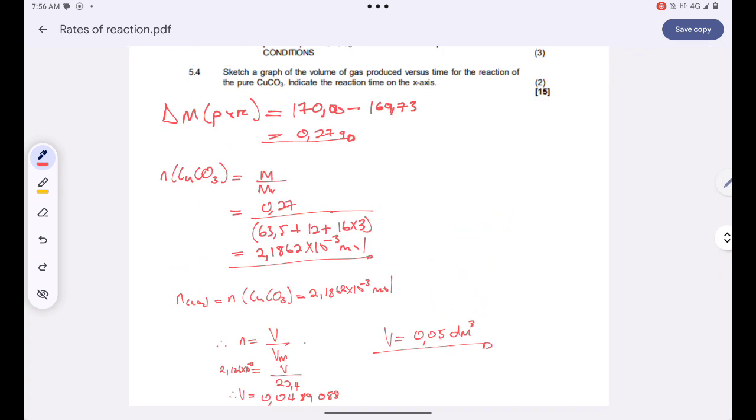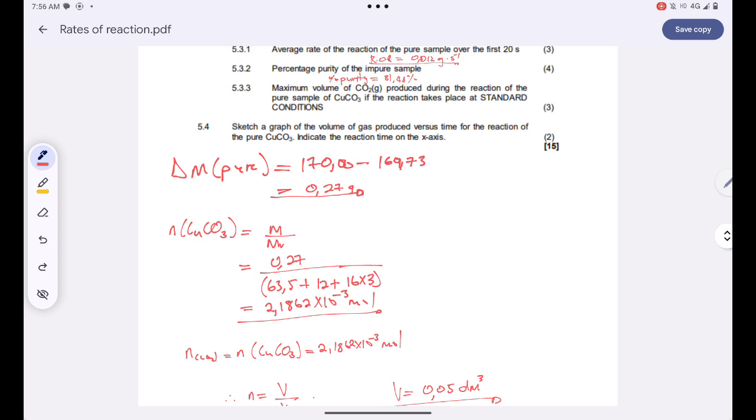Okay, now they asked us to sketch the graph of the volume of the gas produced for the reaction of the pure copper carbonate. Initially, since there is no product formed in the initial stages of the reaction, the gas produced will move like this, and obviously it will reach completion.